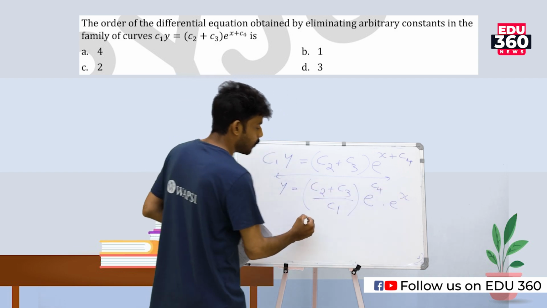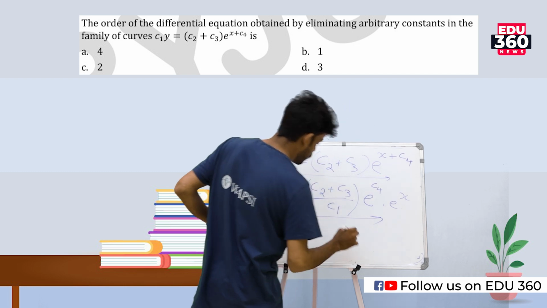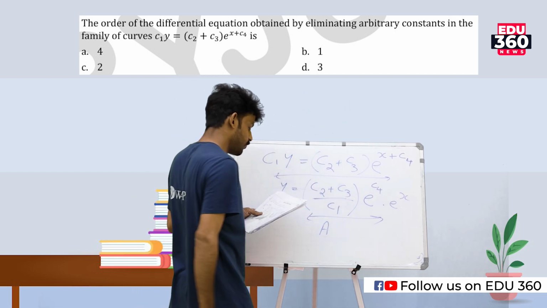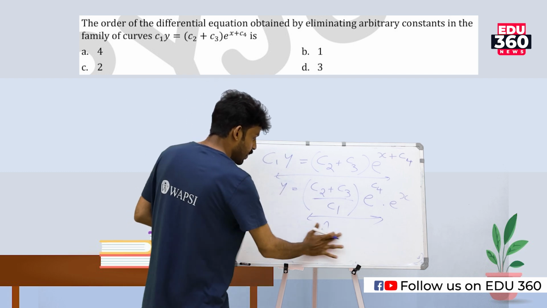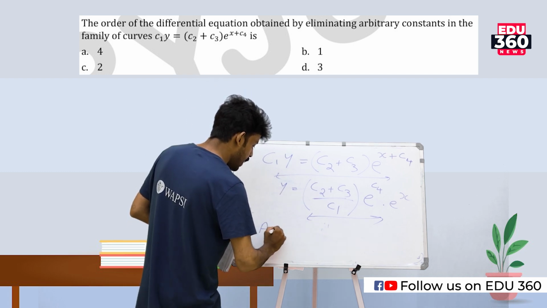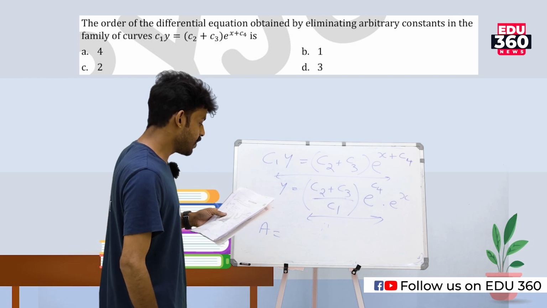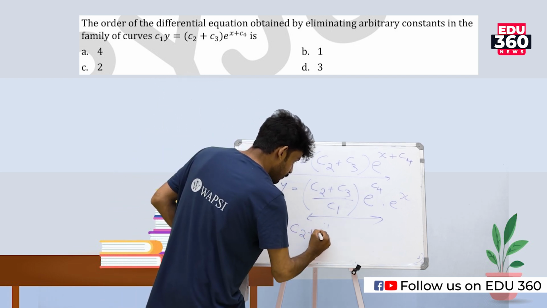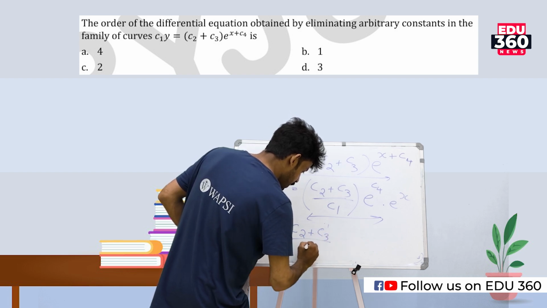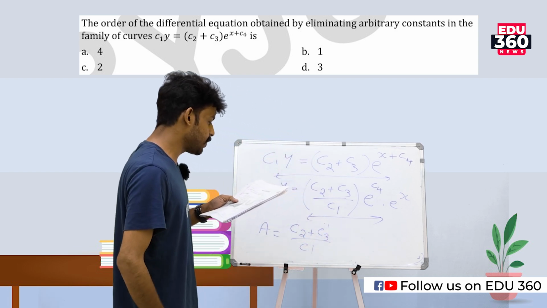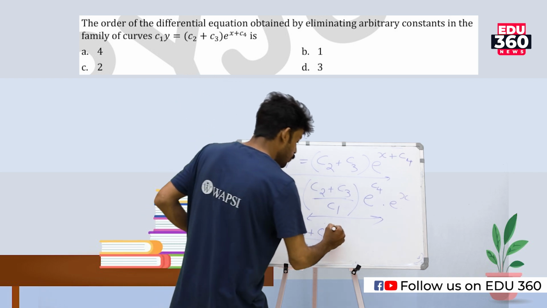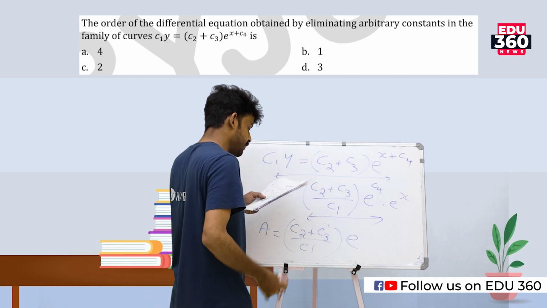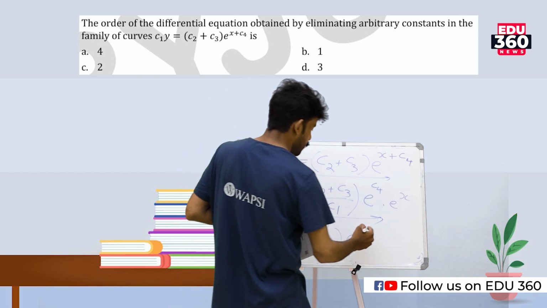Okay, so hereafter for this term, we can substitute it as a. So a is equal to (C2 plus C3) divided by C1, into e raised to C4.